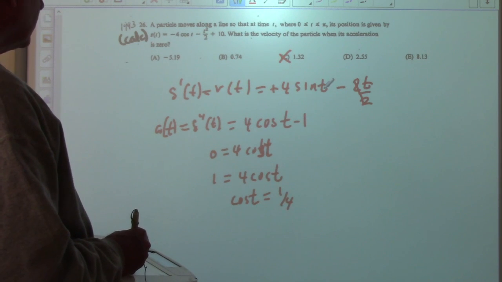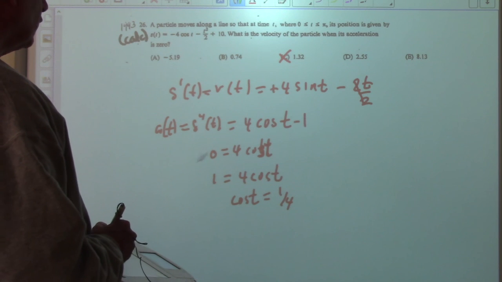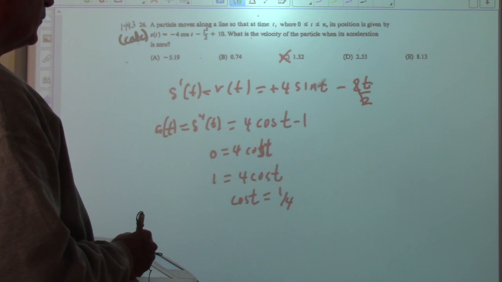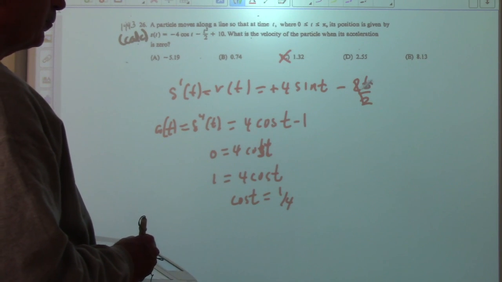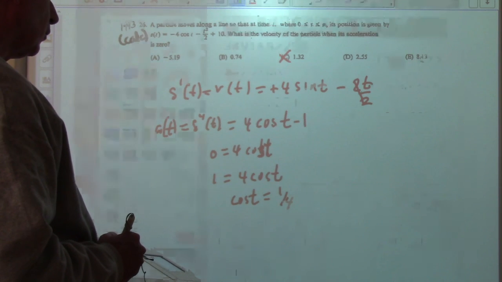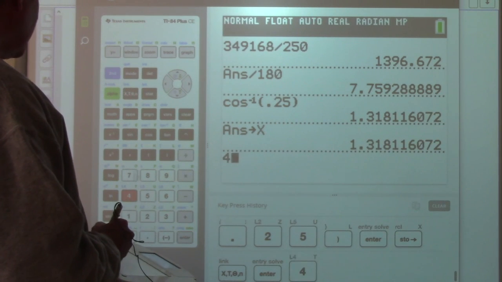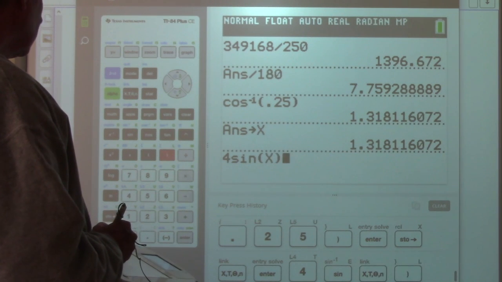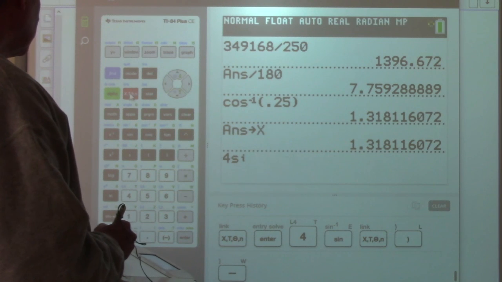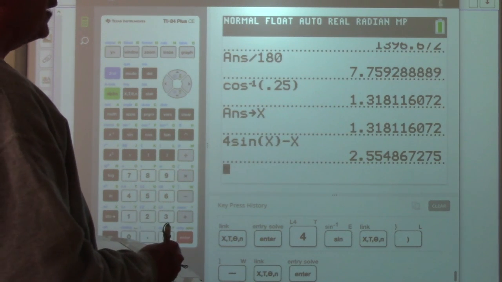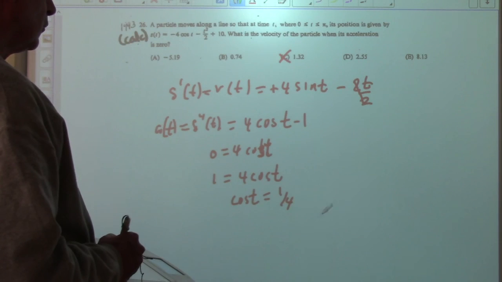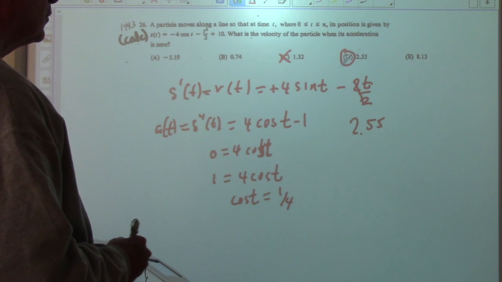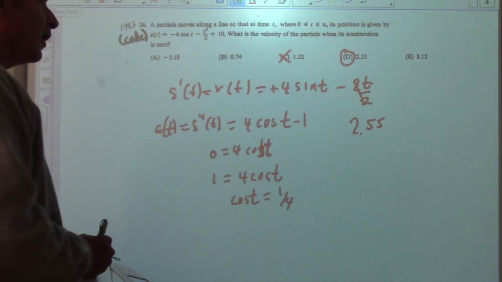It's going to be 4 sine x, because we want to find the velocity, right? So we plug that into here: 4 sine x minus x. So we should get 2.55, D. Yeah, D. So this is definitely a calculator one.